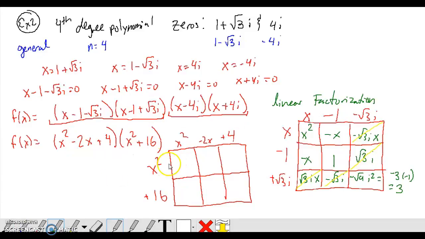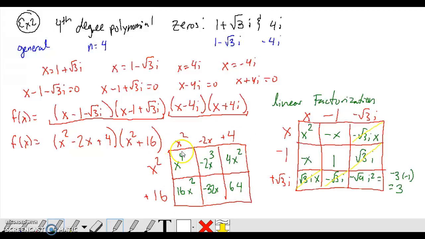So let's begin. We are going to get x to the power of 4, and then minus 2x cubed positive 4x squared. And then here I will have a positive 16x, and then a negative 32x, and then a positive 64.